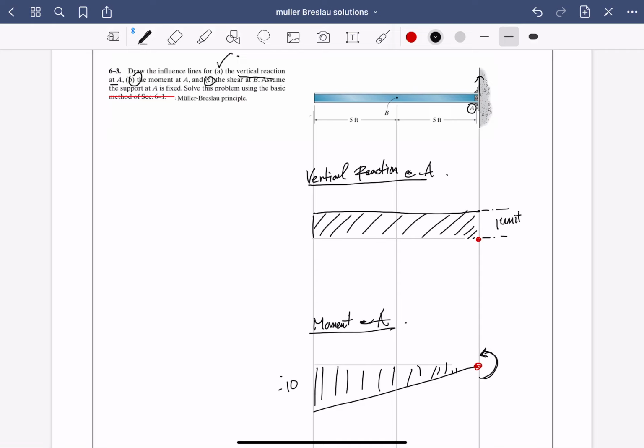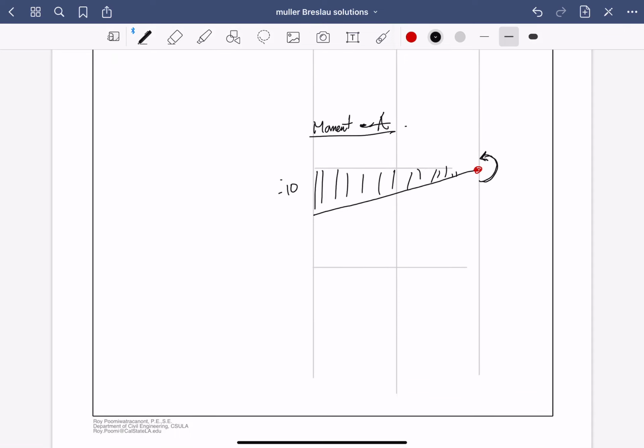Now the last one is shear at B. Shear at B. So what we do is we cut it at that point and we push it down, right? And that's going to be a unit load.